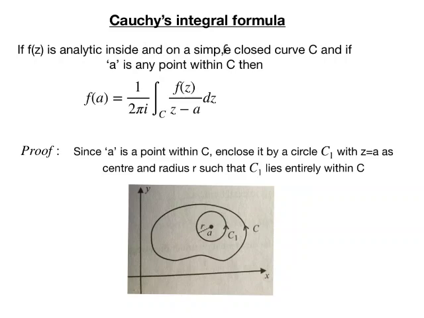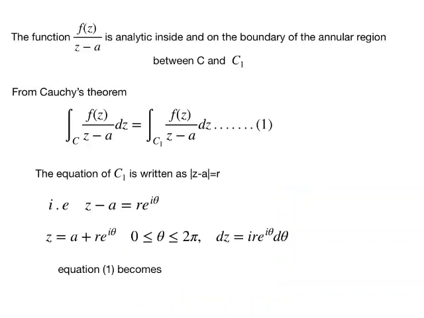Since a is a point within C, draw a circle C1 taking z equal to a as center and radius r such that the circle C1 lies entirely within C. Now, since the function f of z was given as analytic, any term multiplied or divided to f of z also becomes analytic inside and on the boundary of the annular region between C and C1.